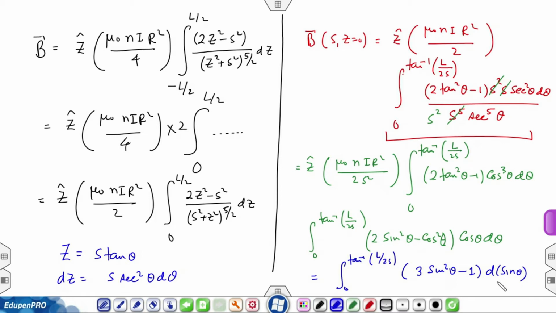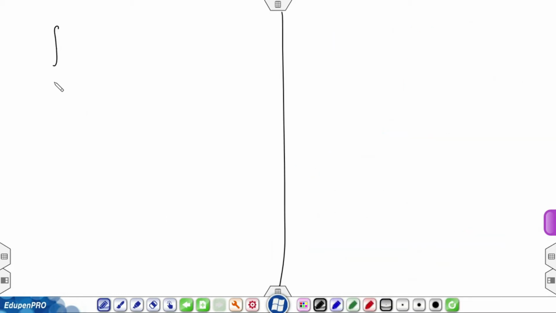So, we have simplified this integral, and this is integral 0 to tan⁻¹(L/2s) of (3 sin²θ − 1) d sin θ.